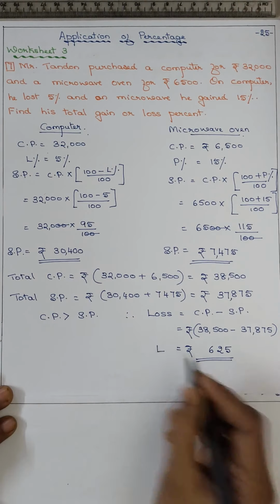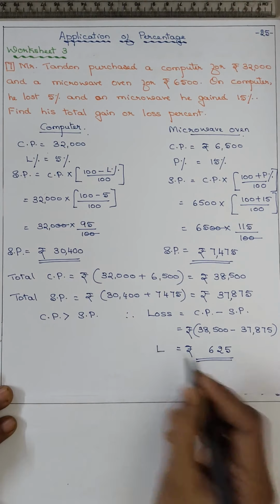Now you have to find out the loss or gain percent. So loss percent is equal to loss upon CP into 100. That is, loss is 625 upon CP, 38,500 into 100, 20 20 cut.